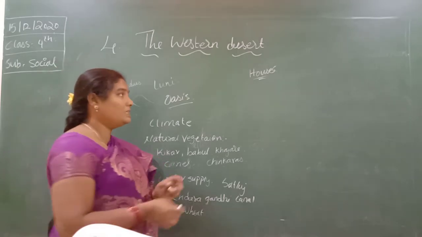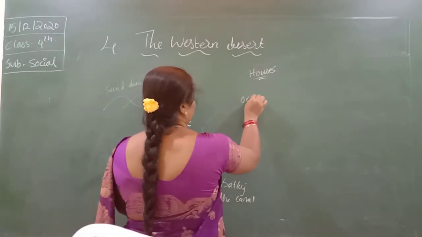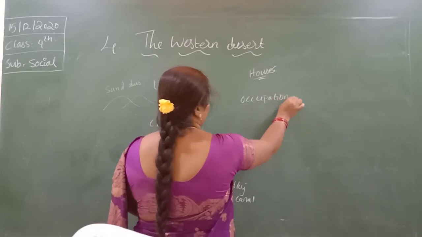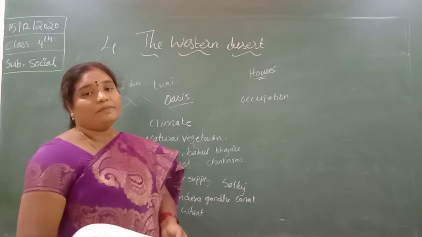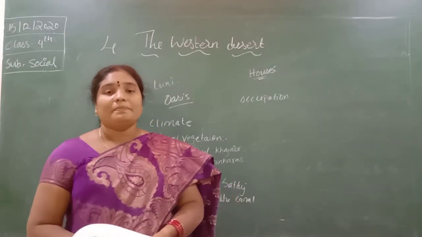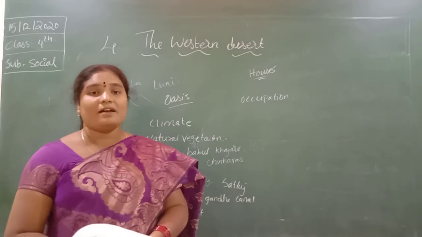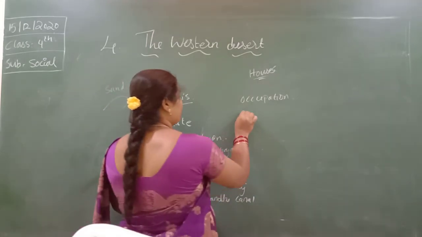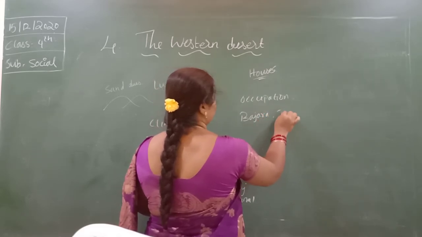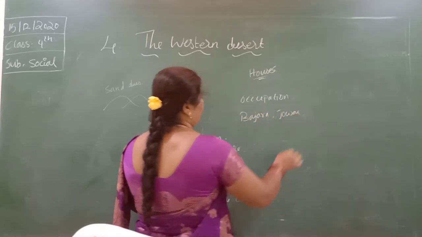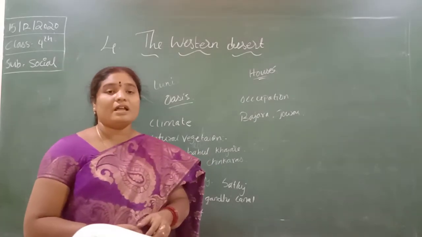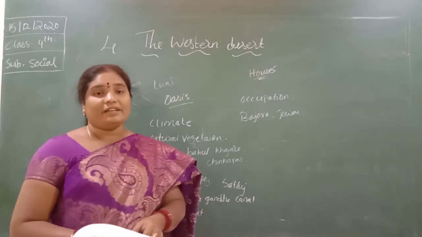What is the occupation? Most of the people depend on farming. They grow bajra, jowar, and other crops. They also depend on cattle rearing.